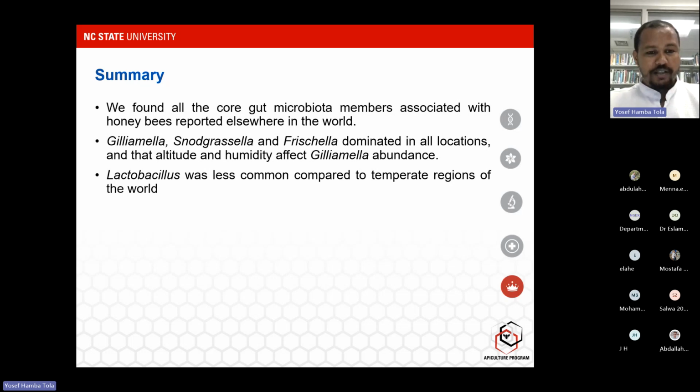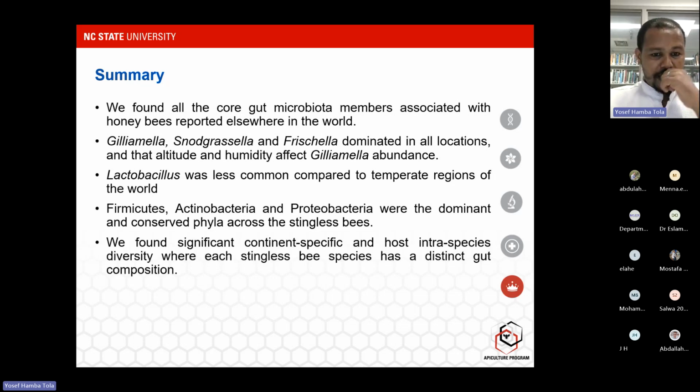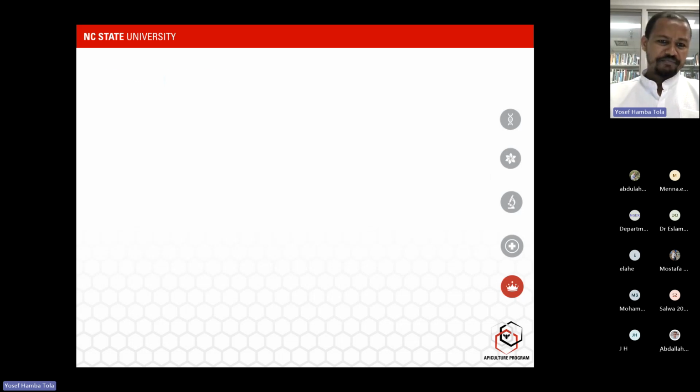In addition, in honeybees, we found Lactobacillus was less common compared to the temperate regions of the world. And in stingless bees, we found that Firmicutes, Actinobacteria, and Proteobacteria were the dominant and conserved phyla. We also found significant continent-specific and host intraspecies diversity in each stingless bee species.